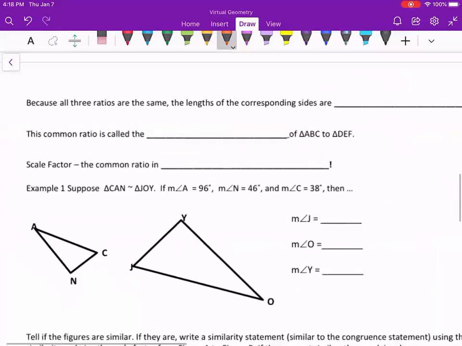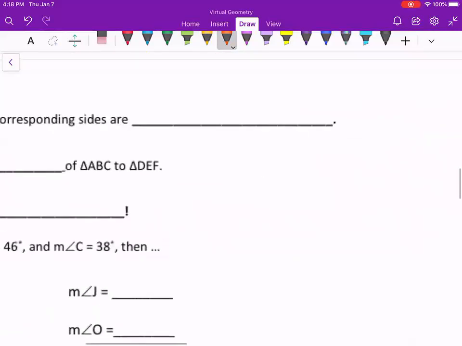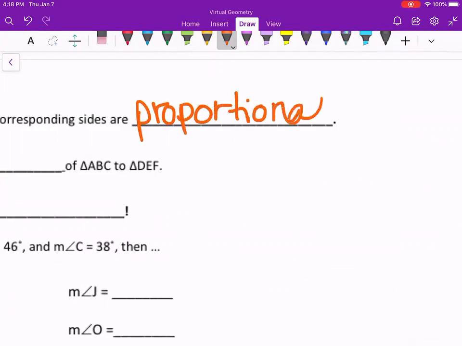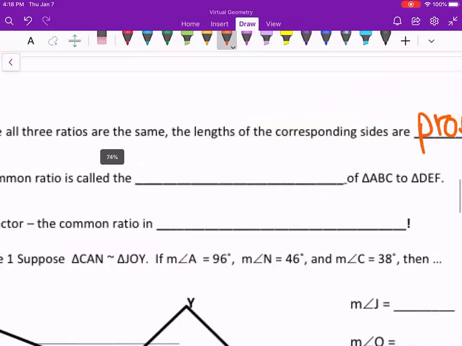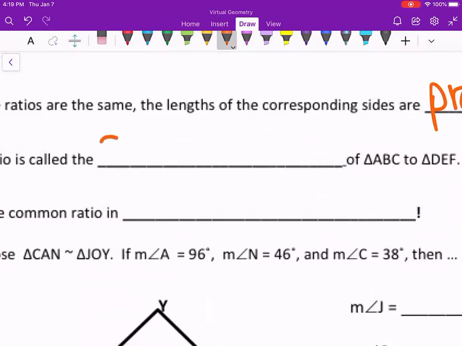All right. So let's take a look at what all of this means when we put it together. Because all three ratios are the same, the lengths of the corresponding sides are in fact proportional. Now, that 1/2 that we found for those proportional sides is our common ratio for these similar figures, which is specifically called a scale factor.